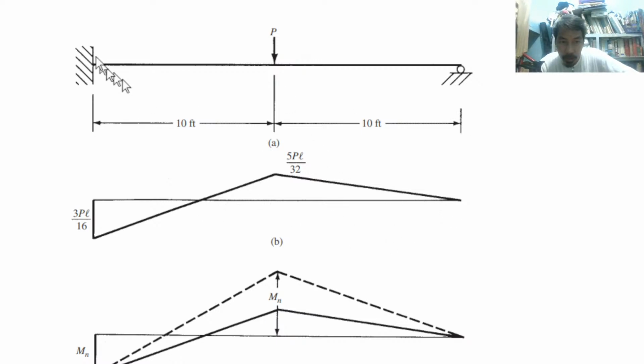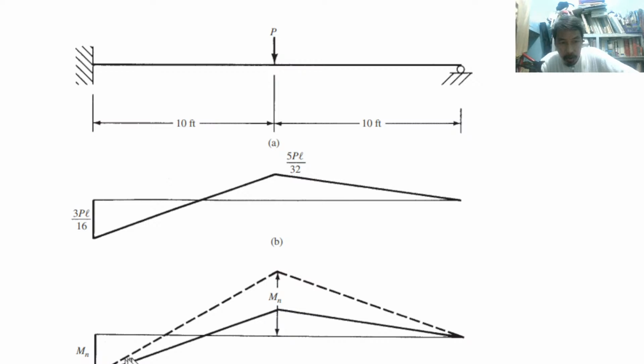First we need the plastic hinge at the support here, the fixed end, then we need another one at the center. So for example, this is Mn, so it will be resisted up to the value Mn. Afterwards, it cannot do anything anymore.